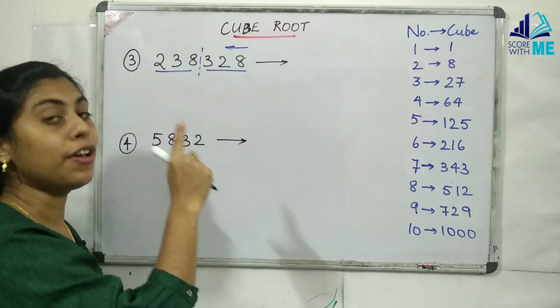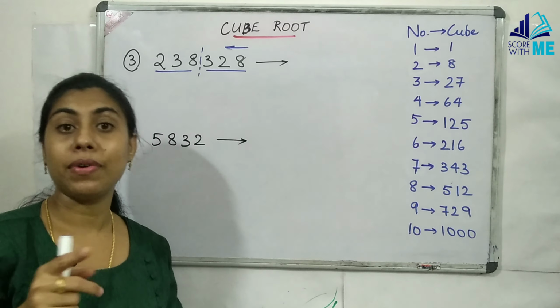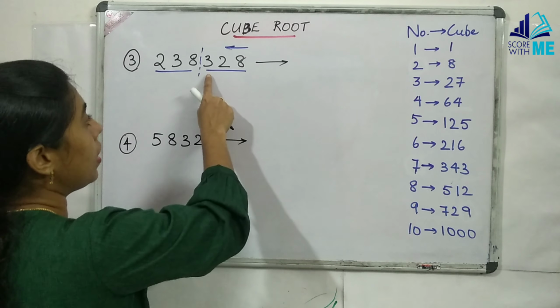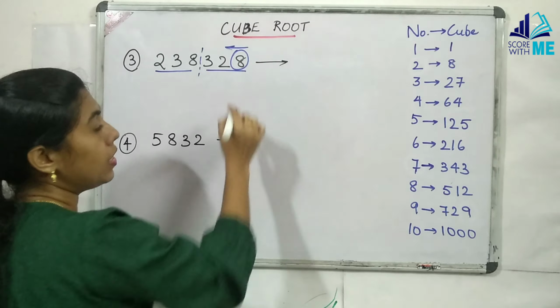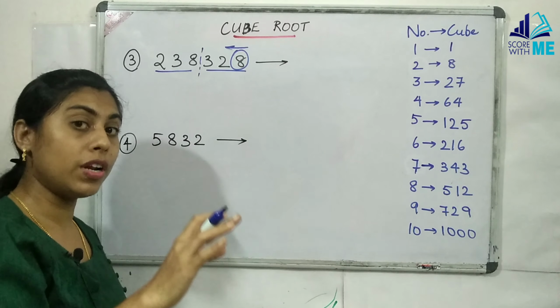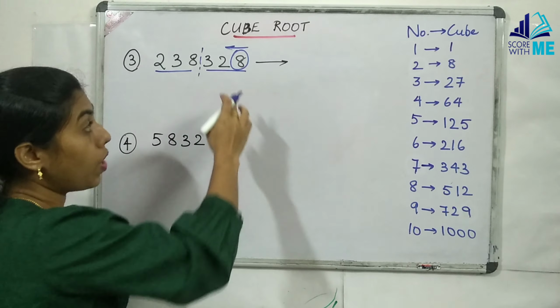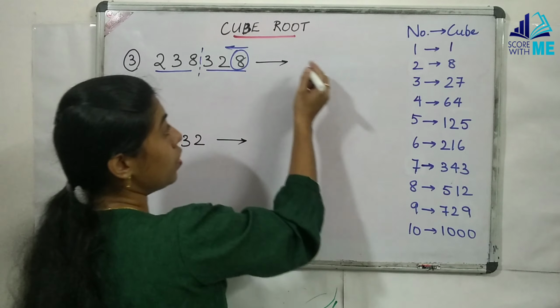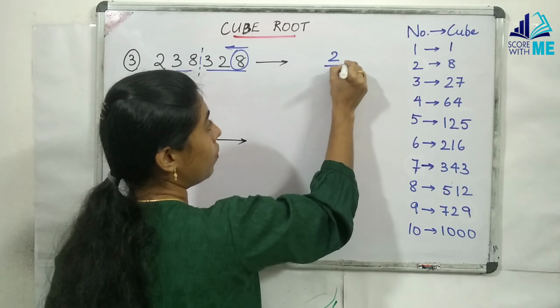Remember that 4-digit, 5-digit and 6-digit numbers will give us 2-digit number as its cube root. So finding here, we just need the digit in the units place. That is sufficient. So 8, you see which cube has got 8? 2 cube is 8. So in the units place, we will have 2.